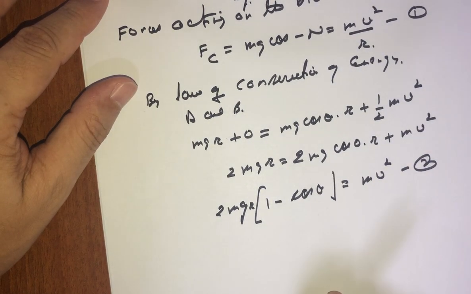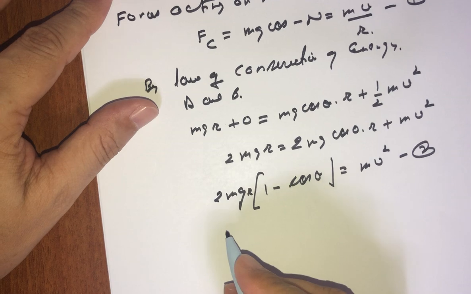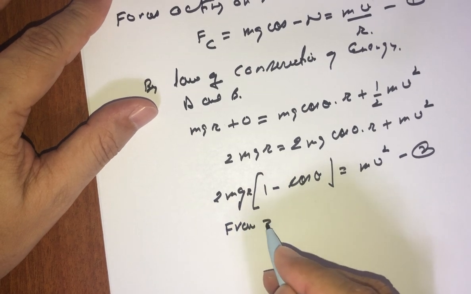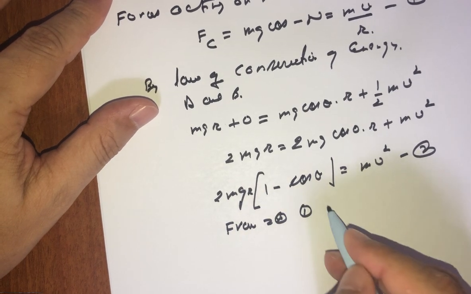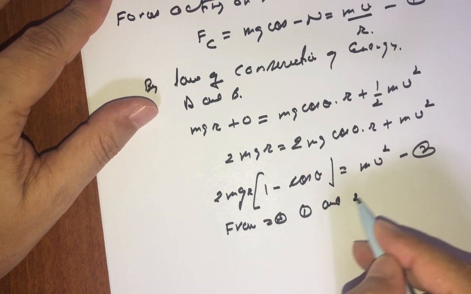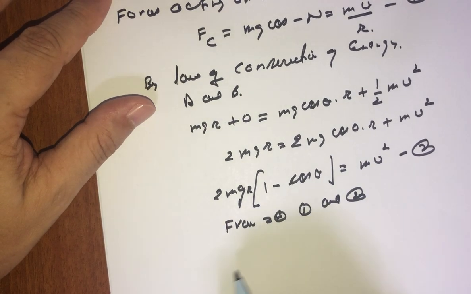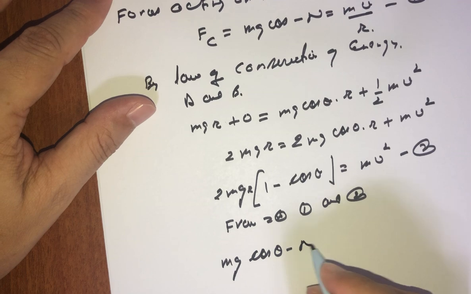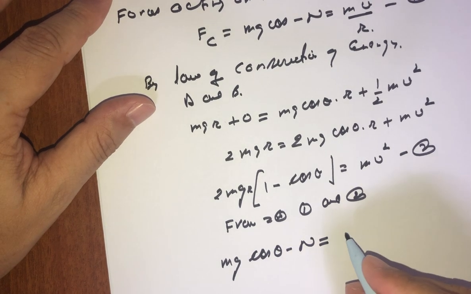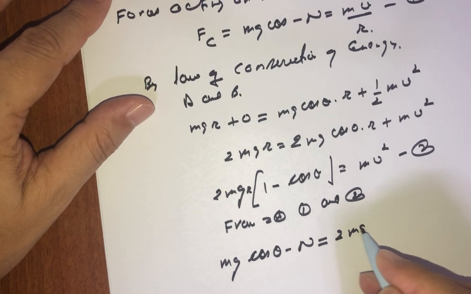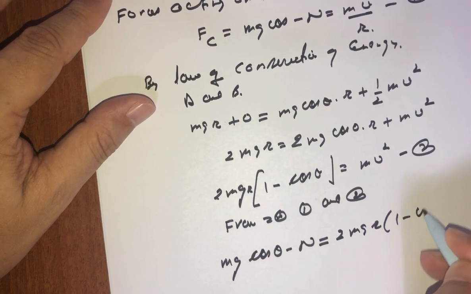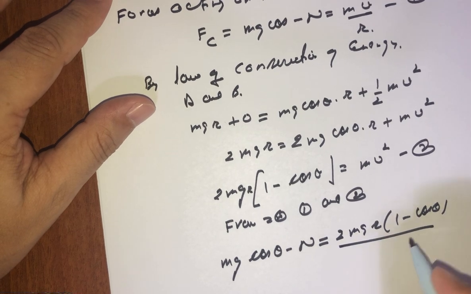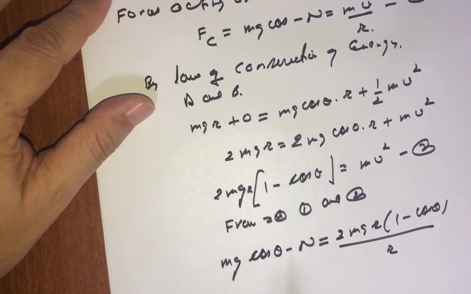So from equation 1 and equation 2, we can say that mg cos theta minus N will be equal to 2mgr(1 minus cos theta) divided by r.